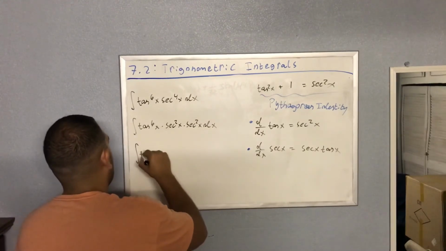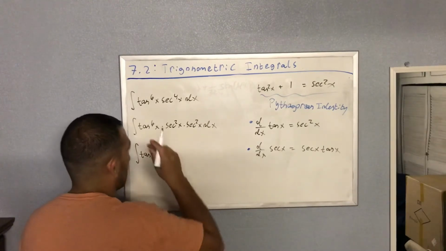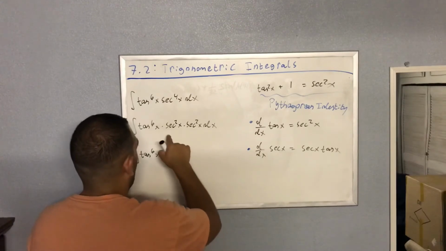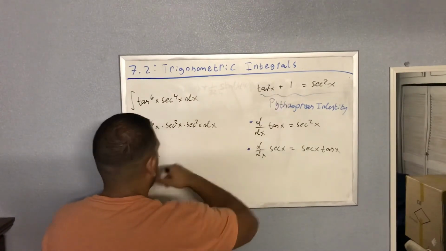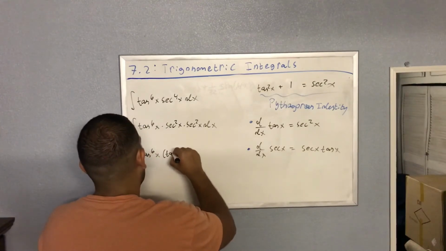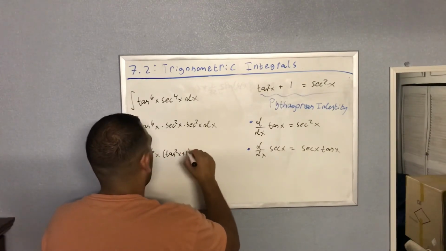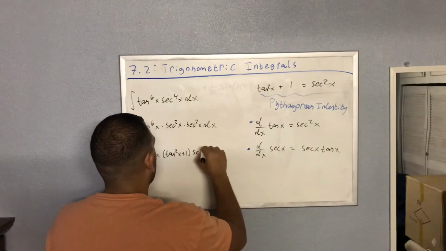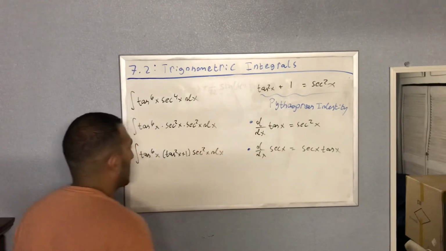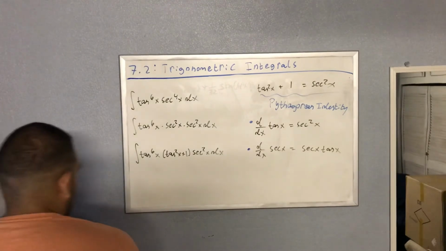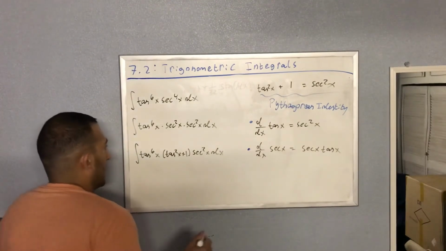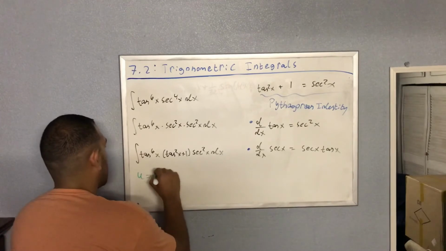And now we have tangent to the 6. One of these secant squareds we'll replace with this because that's what it's equal to. But the other secant squared we'll just leave. So what we're going to do is we're going to let u be tangent x.